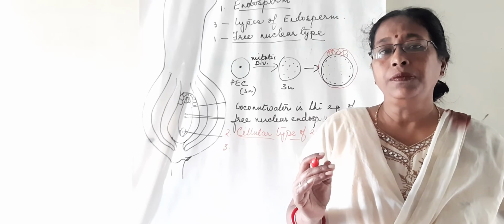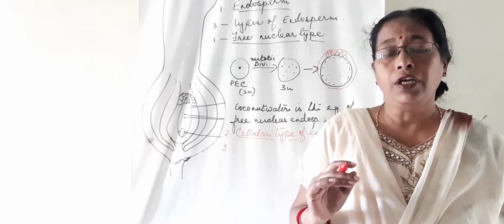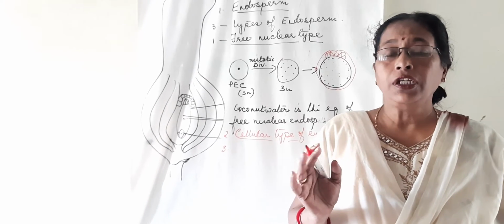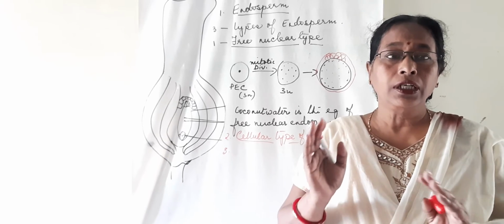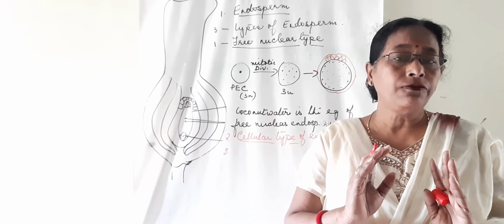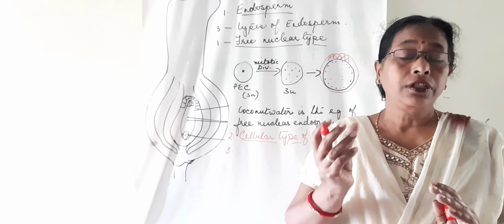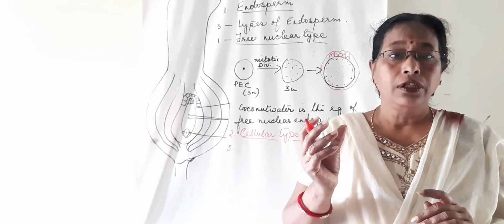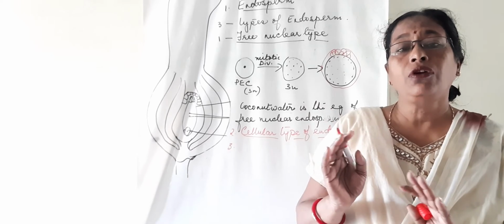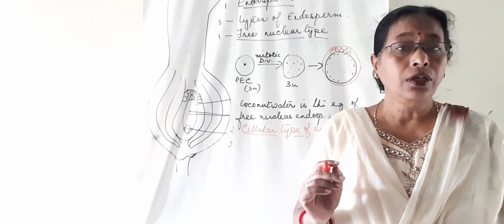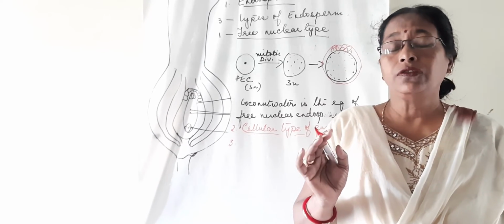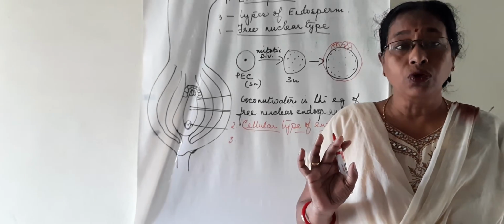The third type is the helobial type of endosperm. This is an intermediate form between the free nuclear form and the cellular form. The nucleus divides mitotically and then a portion of the cytoplasm also divides. This can be seen in many monocots.